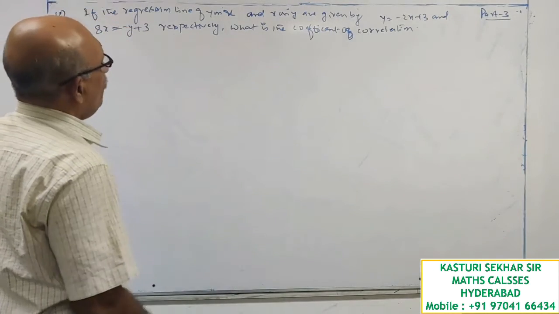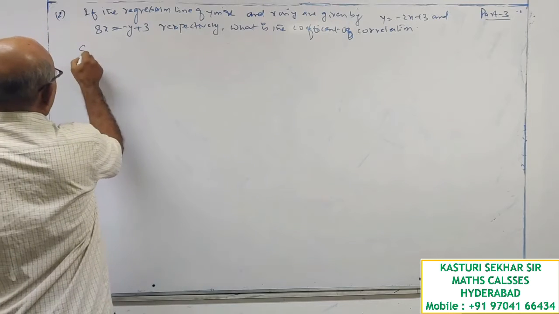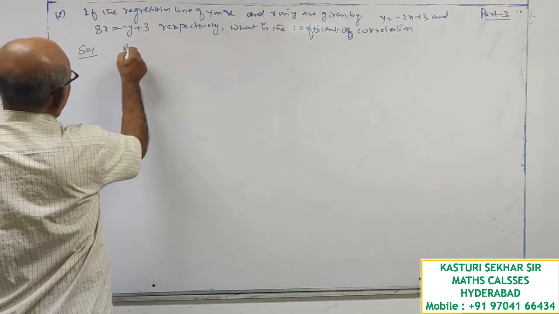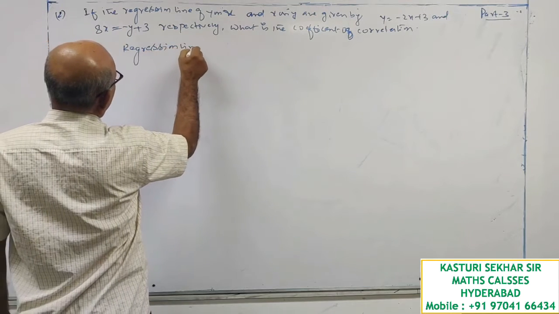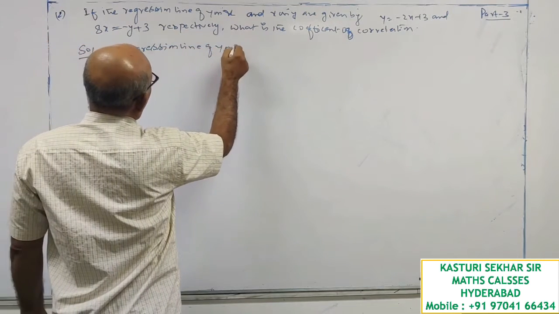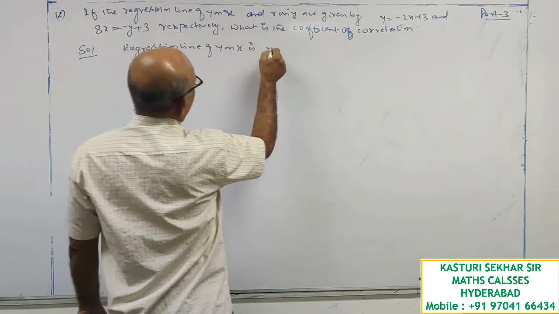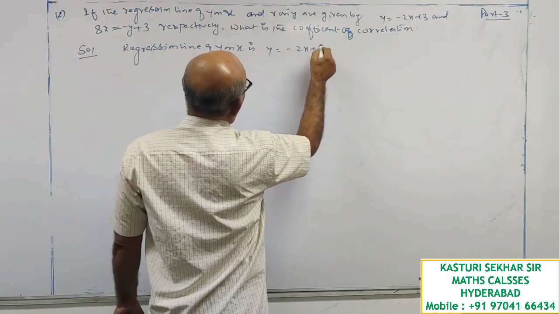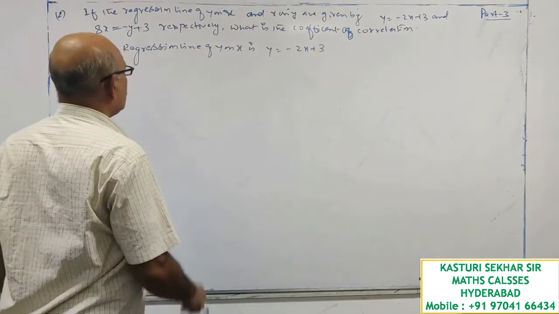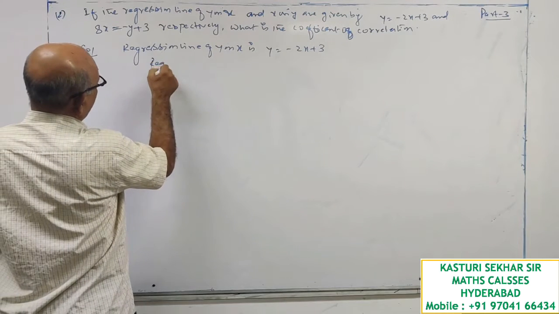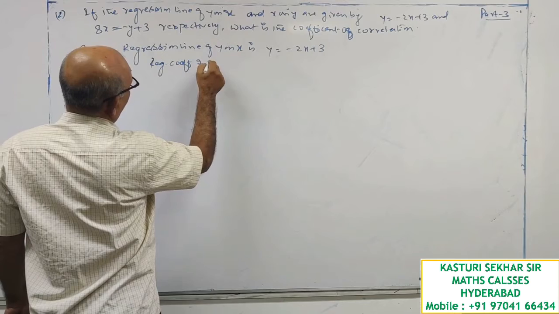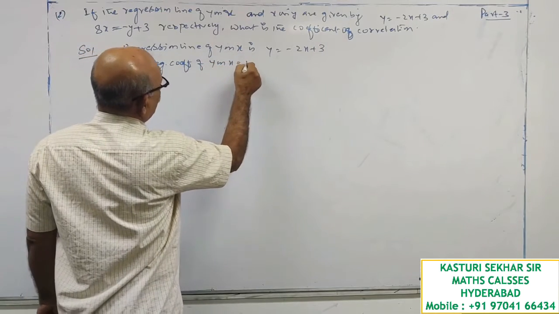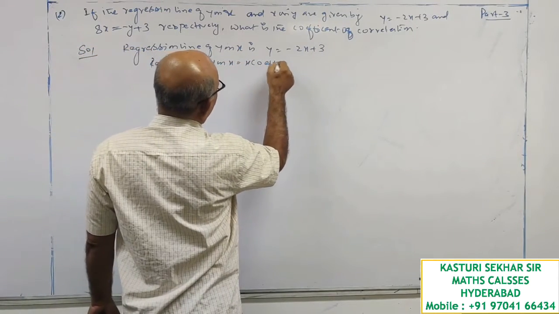Now the regression line of y on x is y is equal to minus 2x plus 3. So the regression coefficient of y on x is equal to the x coefficient.